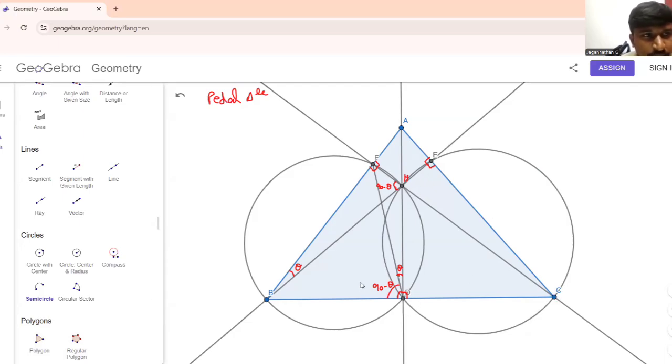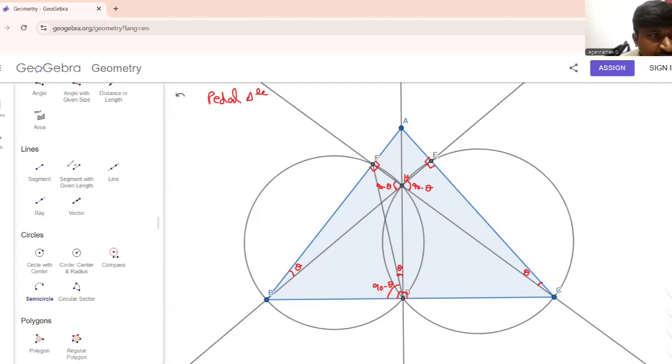So again, I'm going to use the same similar properties, people. This angle is 90 minus theta, created between the lines BE and CF, isn't it? So this angle, vertically opposite to it, will also be 90 minus theta. That means this angle will also be theta because of the angle sum property. 90 minus theta, 90. So this should be theta.